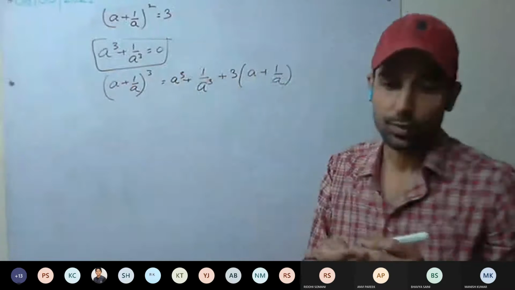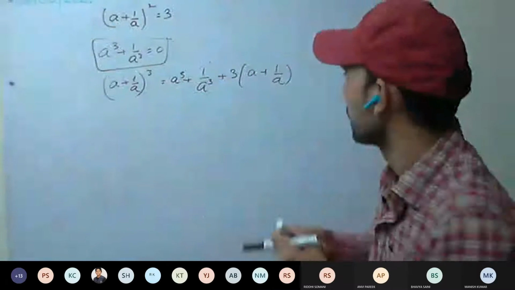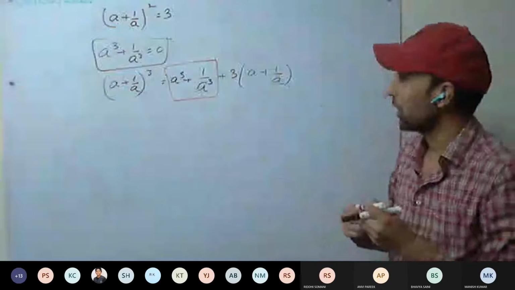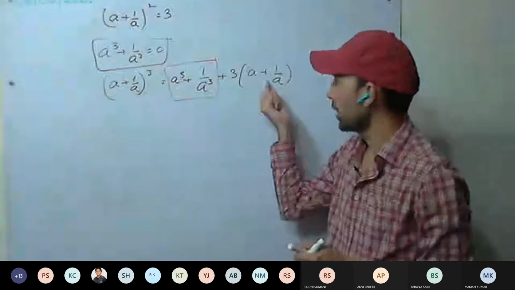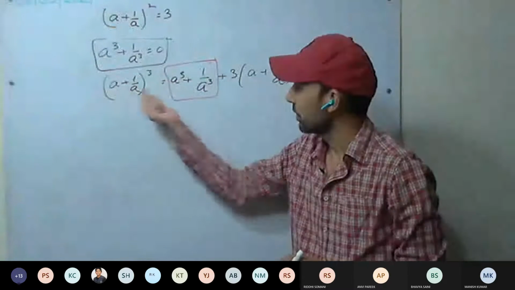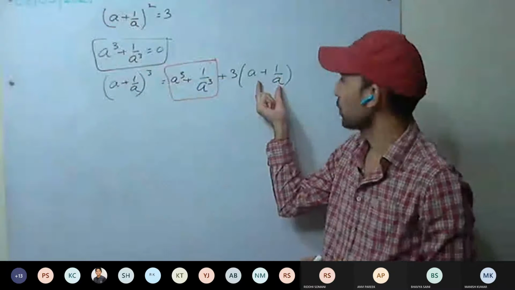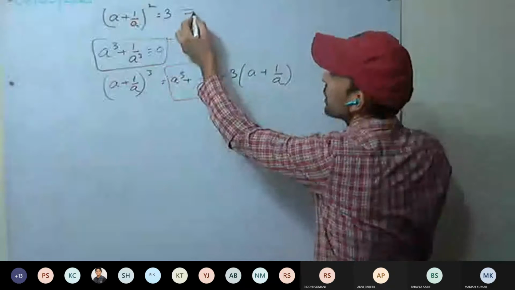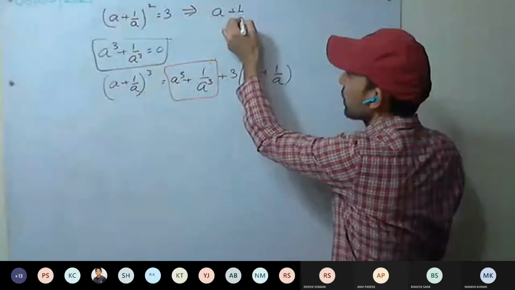To get the value of a cube plus 1 upon a cube, we require the value of a plus 1 upon a. What is given is a plus 1 upon a, the whole square, so from this you can calculate a plus 1 upon a.